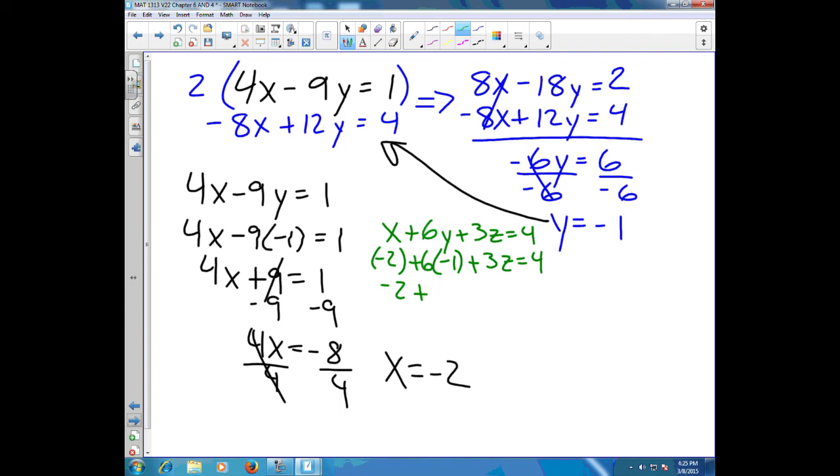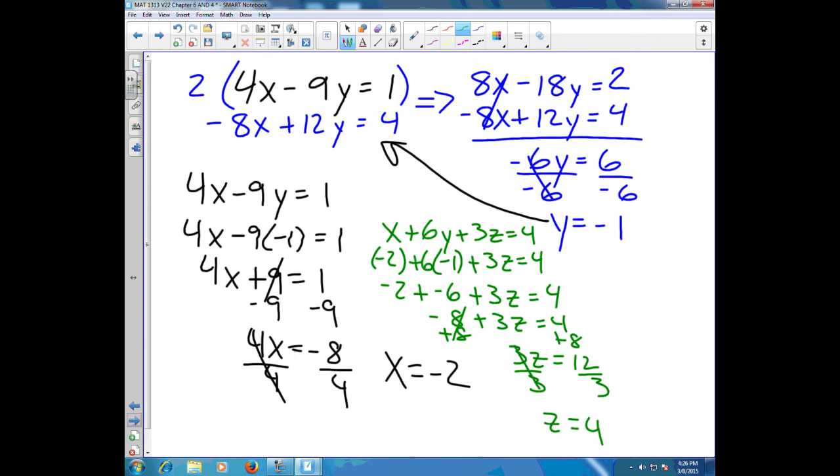That's going to give us -2 plus -6 plus 3z is 4. It's -8 plus 3z equals 4. Add 8 to both sides. We get 3z is equal to 12. If we then divide by 3, we get z equals 4.